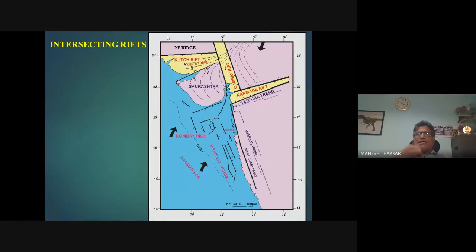So basically, the basement of the Kachchh Mesozoics, if you look at it, is mostly Aravalli granites. That is already proved. Aravalli granites are part of the Aravalli Craton, which had very weak planes along the Delhi trend. So this is basically the origin point of the Kachchh Rift basin.